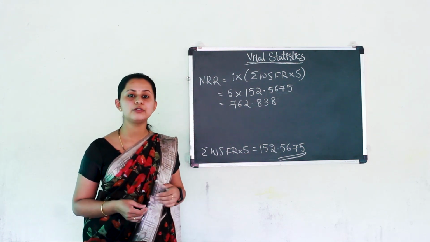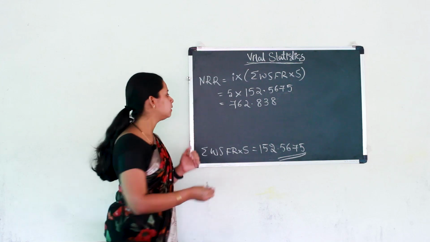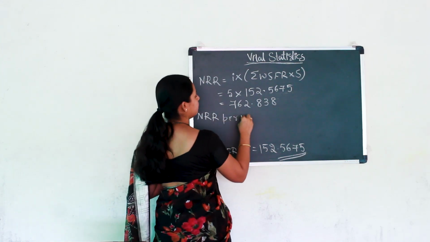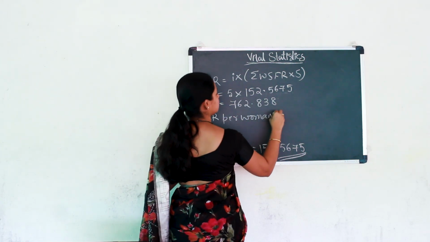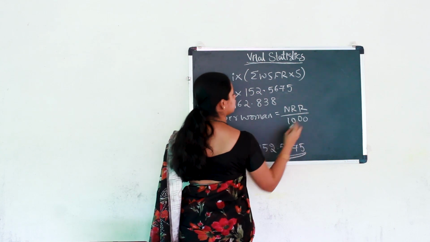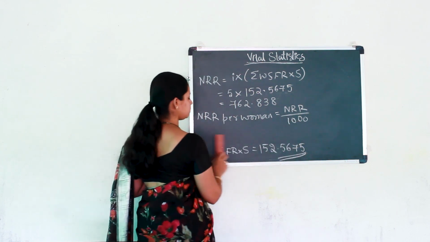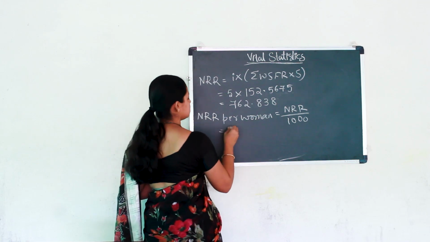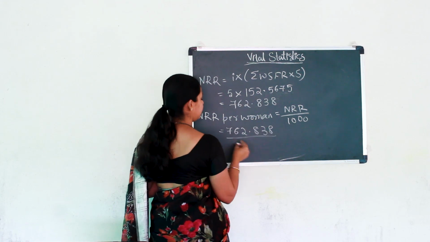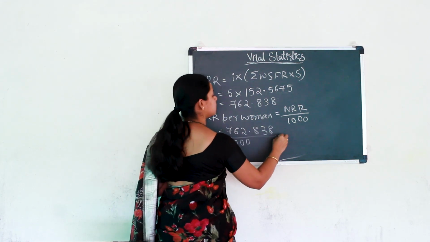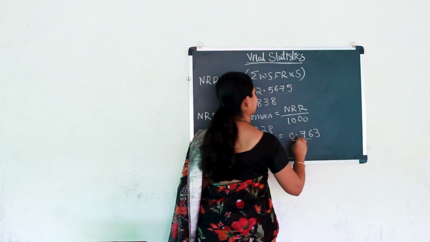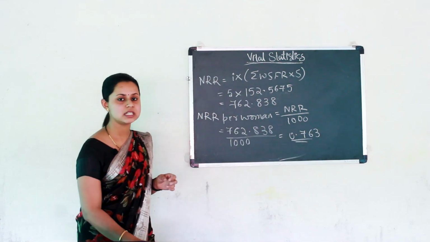Next, we shall study how to calculate NRR per woman. NRR per woman is equal to the NRR value divided by 1000, that is 762.838 divided by 1000, which is approximately 0.763.